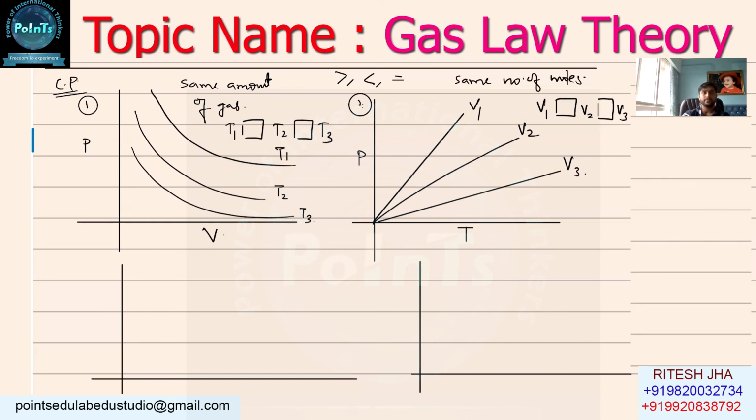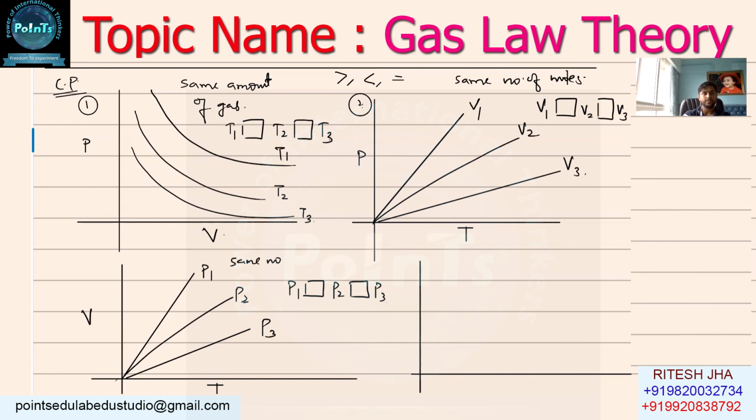Next is V versus T, and again we are getting three different graphs at different pressures, P1, P2, P3. Again, same number of moles in each case.